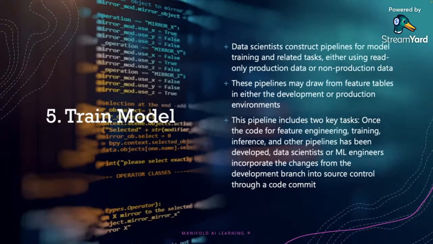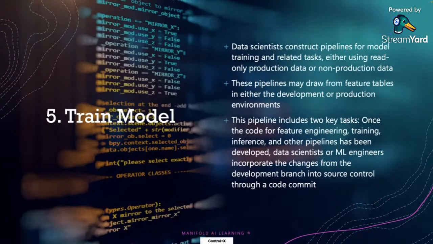Now, once we perform the inference, as a machine learning engineer or a data scientist, you are going to incorporate all these changes into a Git branch, which we generally call the development branch.